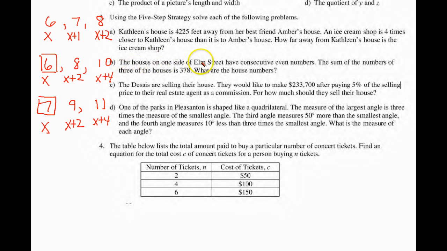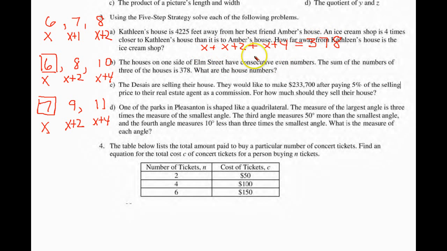So now let's take a look at this. The sum of the numbers, they're consecutive even numbers. We have 3 houses. So we're going to actually use this formula right here in a sense. So it's going to be x plus x plus 2 plus x plus 4, and that's going to equal 378.